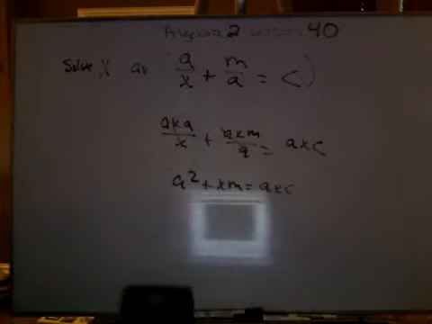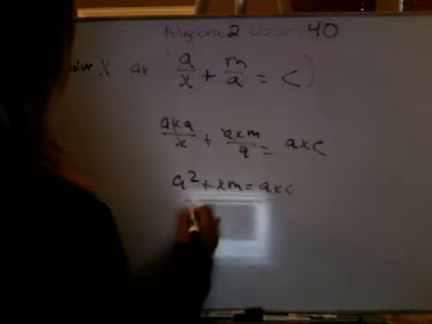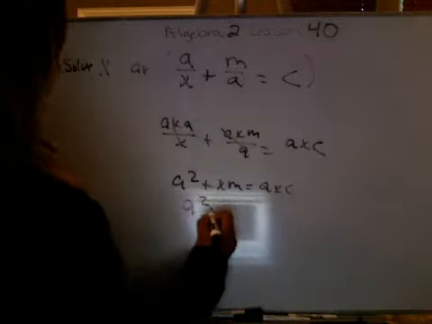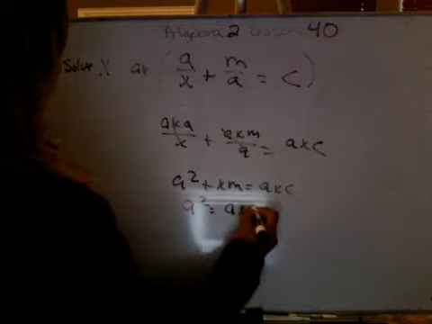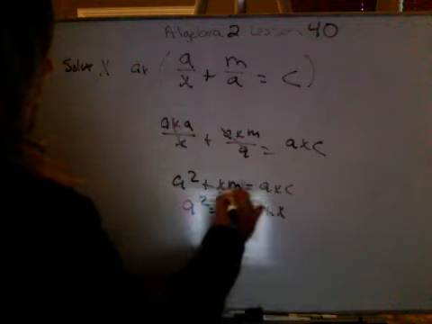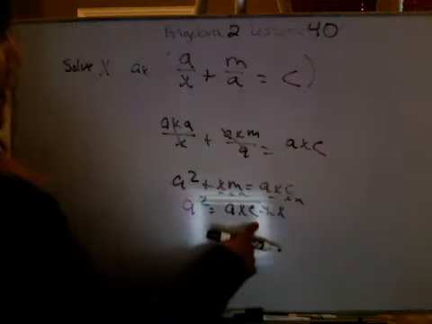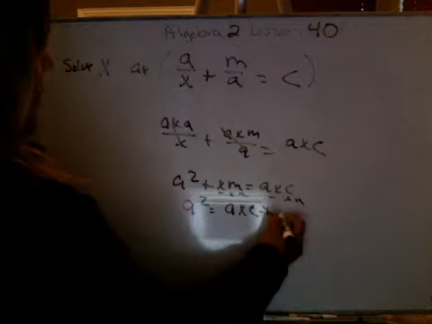Now, that's the first thing. So now we want to solve for x. So we're going to move all the x variables to one side. So we have a squared equals axc minus xm, because we subtract xm from both sides. They're not like terms, so we're going to factor out x.